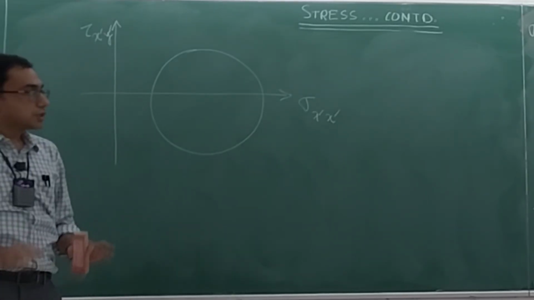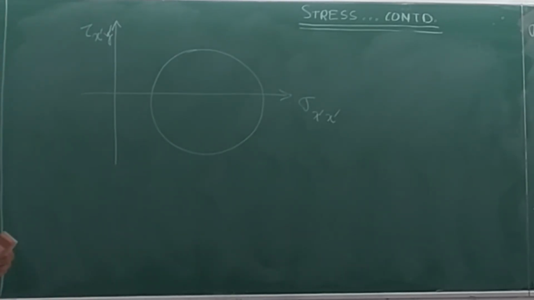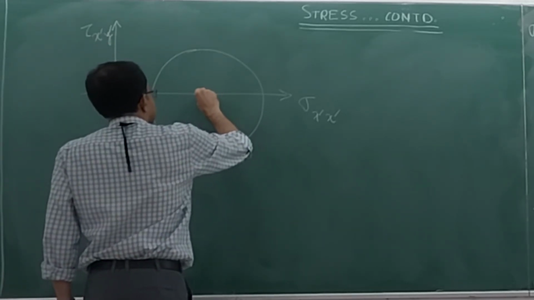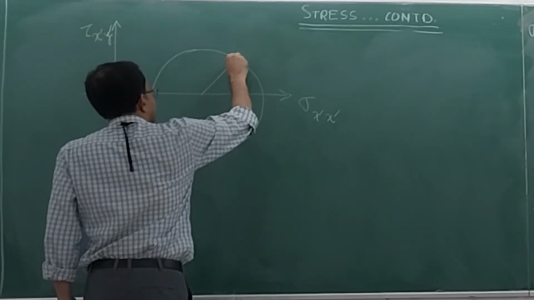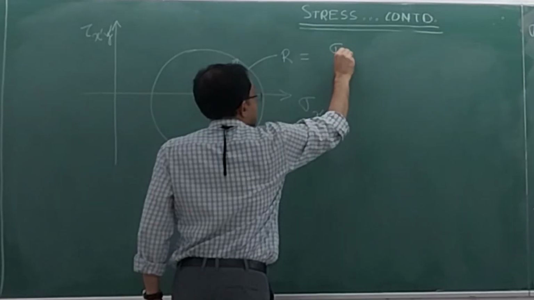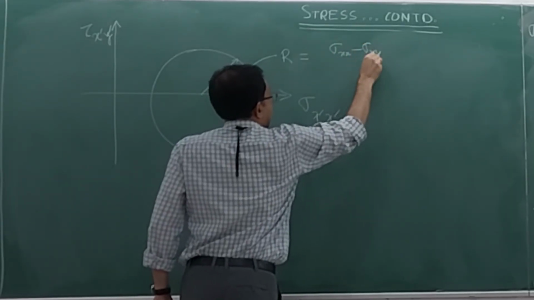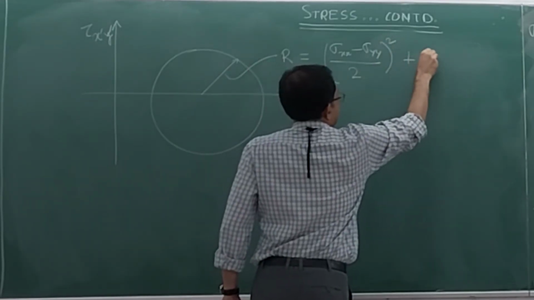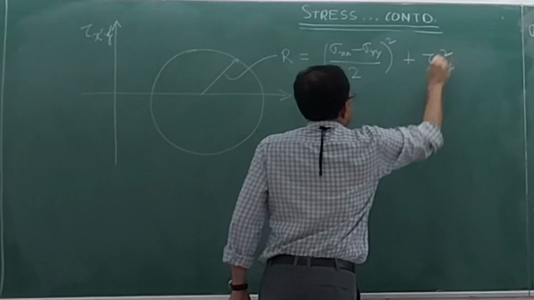Now, please note something very carefully. The radius is given by that. This thing is the radius: the square root of ((sigma xx minus sigma yy)/2) whole square plus tau xy square.